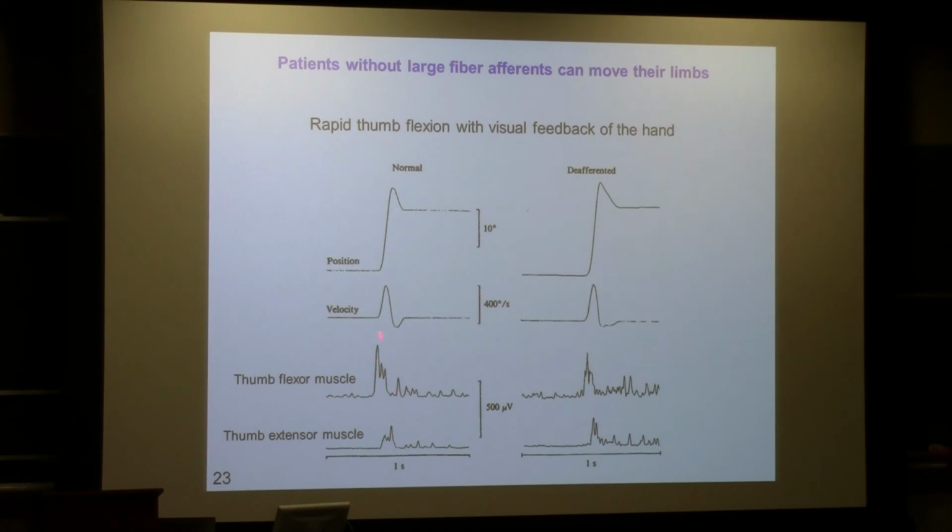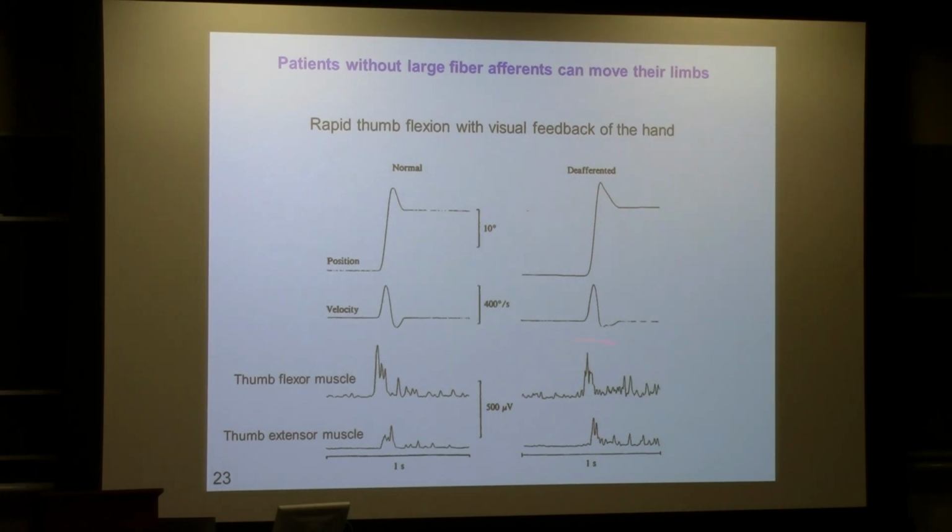The three-burst activity to make a rapid movement. If you ask a deafferented patient to make a rapid movement, they too can make a rapid movement, and they also have reasonable EMGs. So you don't need the afferents to generate the activity in those motor neurons to make a rapid movement, at least not for the hand muscles.